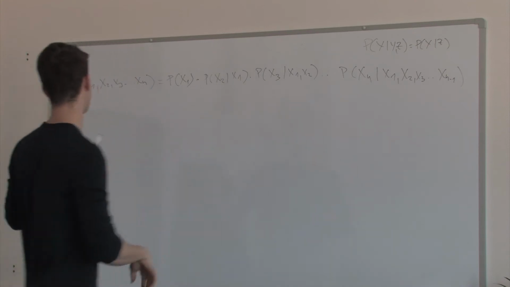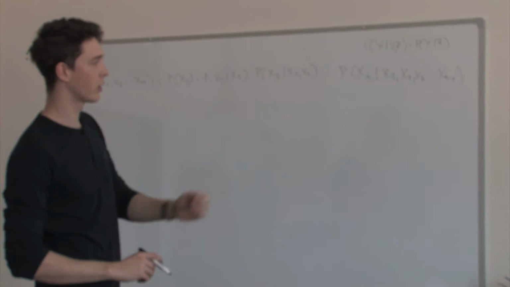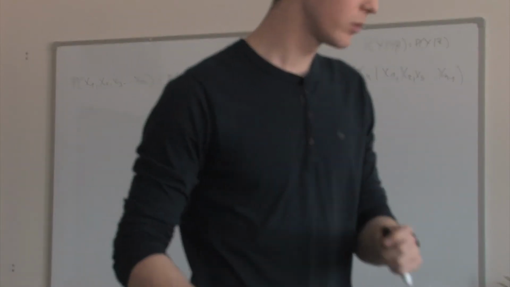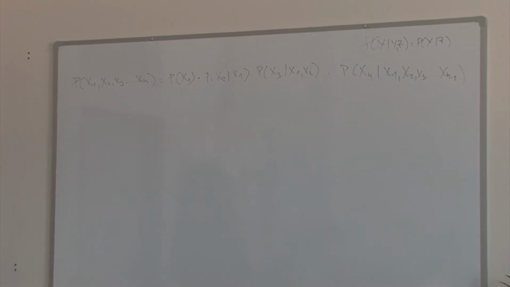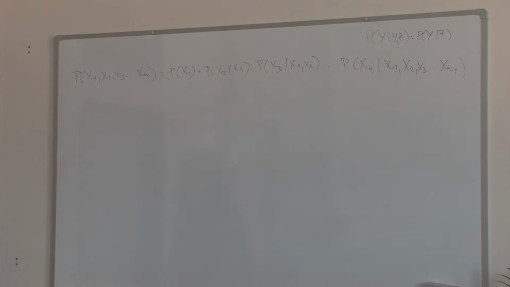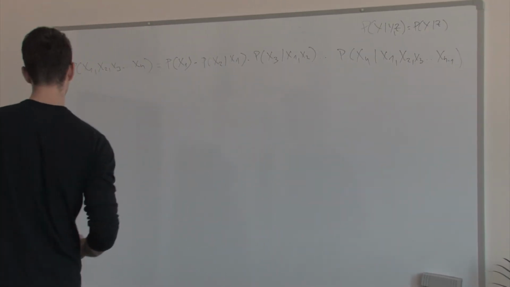Okay, so this is the formula for the joint probability distribution, and we can use the fact, which is written here, that each node is conditionally independent of its non-descendants given its parents. It sounds quite hard to understand, but it's really easy.